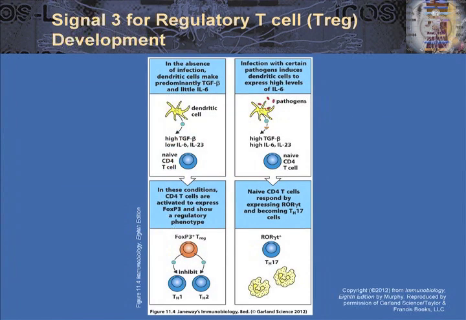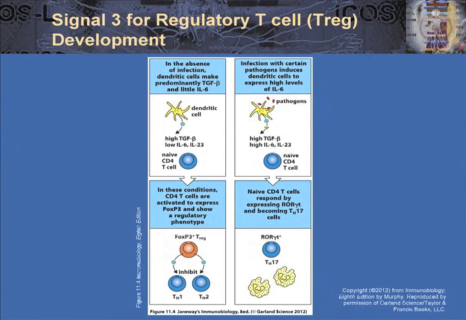How do Treg cells develop? And there's a signal 3 involved in T regulatory cell development that I'm illustrating on the left side of this slide. Signal 3 occurs for T regulatory development, importantly, in normal homeostasis, so in the absence of an infection. In the absence of an infection, professional antigen-presenting cells, like dendritic cells, make predominantly the cytokine TGF-beta and very little of the cytokine interleukin 6.